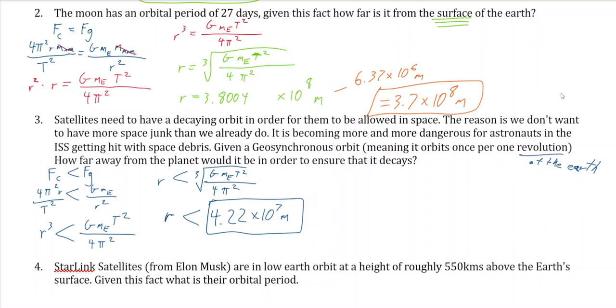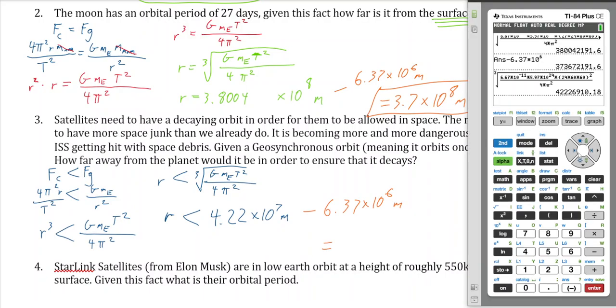That's measured from the center of the Earth, right? Same idea as before, we should subtract 6.37 times 10 to the 6. Because they're a little bit closer together, 10 to the 7 and 10 to the 6, it's more important that we subtract.